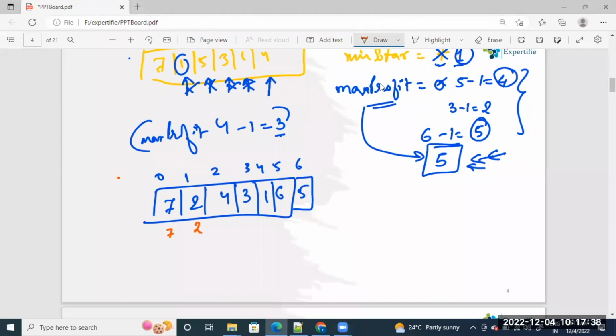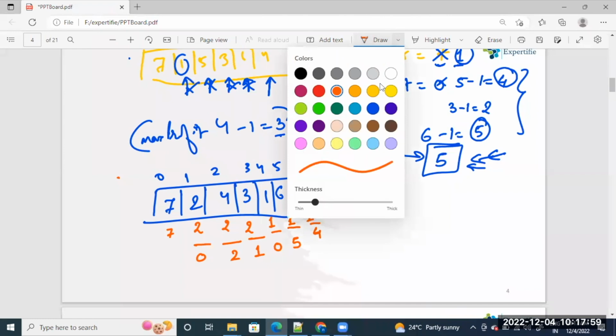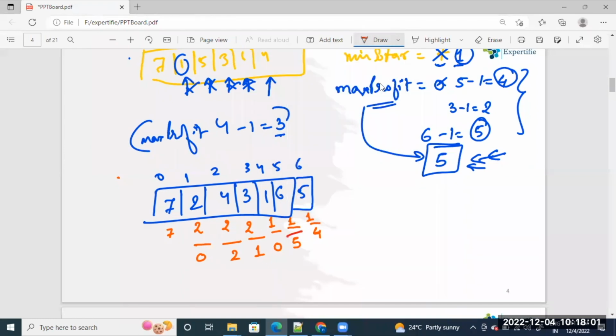Proceeding here, 2. Minimum got changed. Profit will be 0. Here, minimum is 2, profit will be 2. Minimum is 2, profit will be 1. Minimum got changed here, profit is 0. Minimum is the same and profit is 5. Minimum is the same, profit is 4. So what is the maximum profit we got? This is the maximum profit value we got.